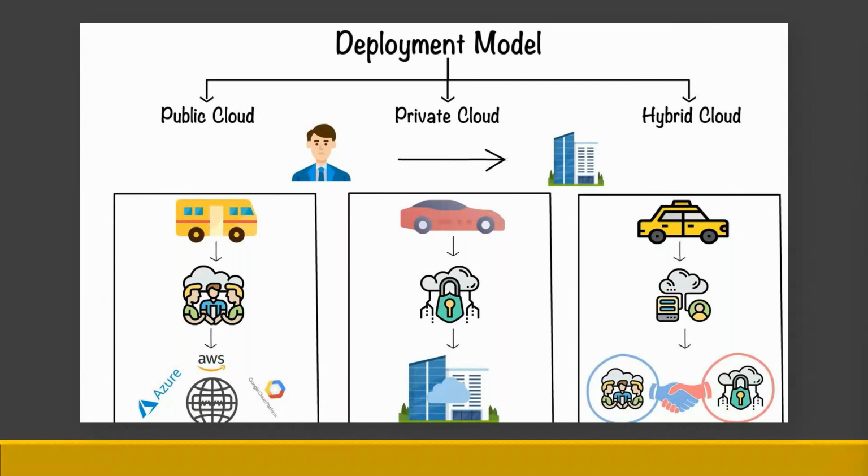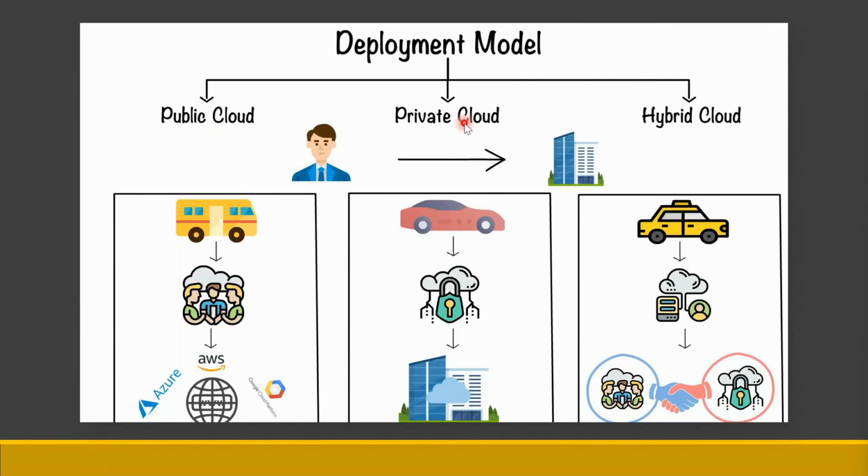One is public cloud, one is private, and one is hybrid. From the name itself, you can understand public cloud means something that is publicly available, like a bus service, a transport service that can be utilized by any public. So we can utilize that service. That is what Azure, AWS, or GCP is providing.